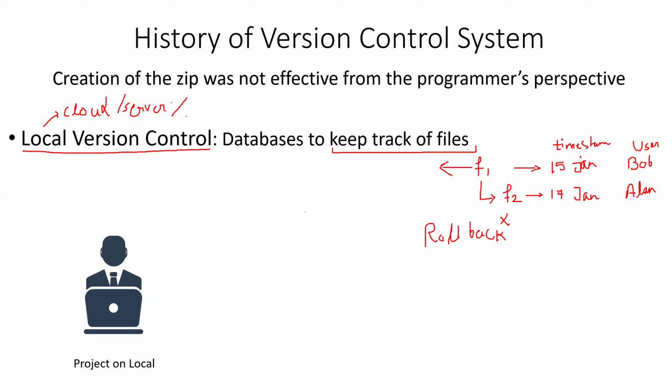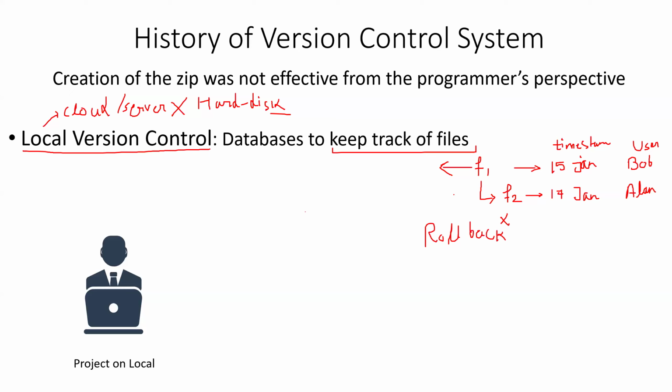It means all the information, all the project related files, data, information, is only available on your hard disk, on your laptop or desktop's hard disk. So all the project was on local.